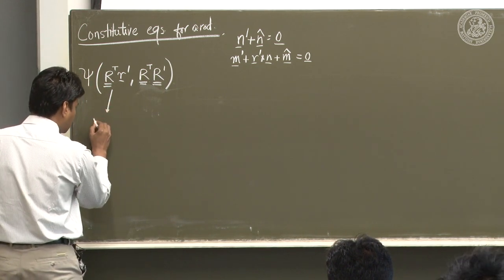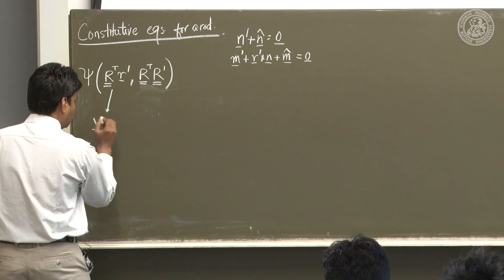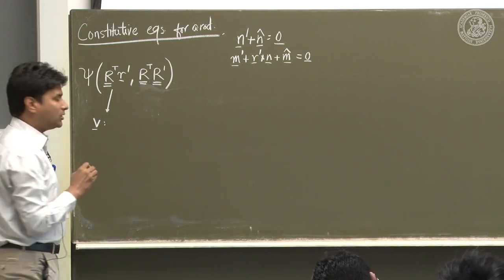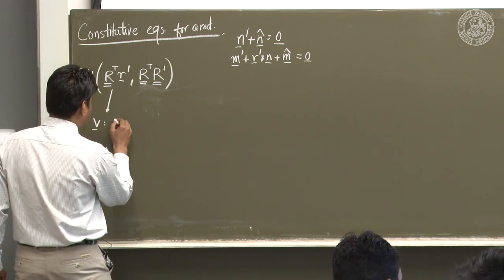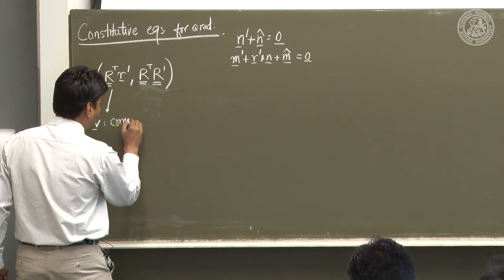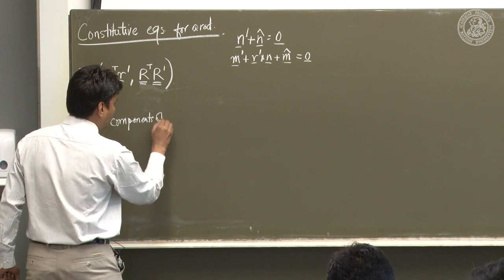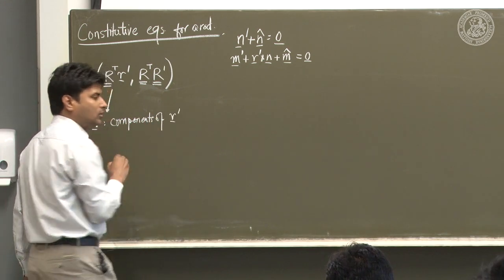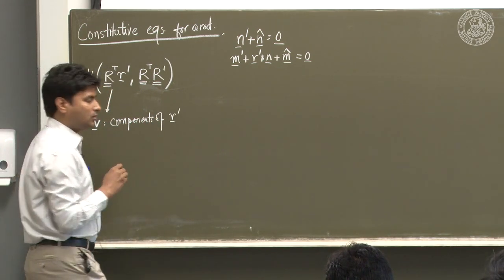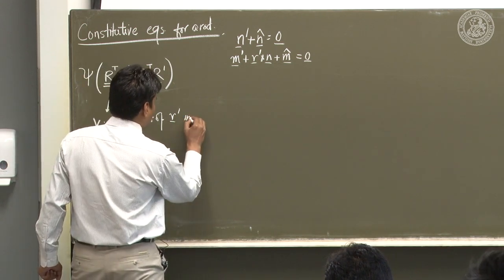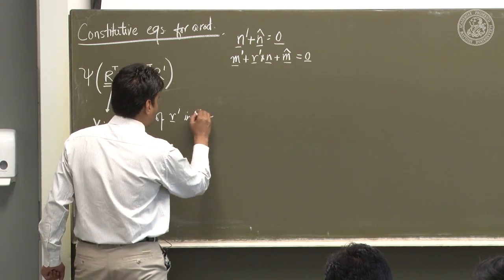So if we say this is V, then these were actually the components of little r prime, which is the center line tangent, in the frame of directors.